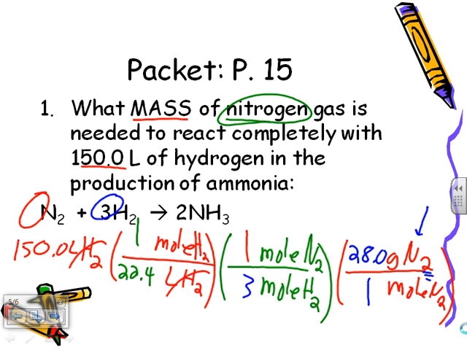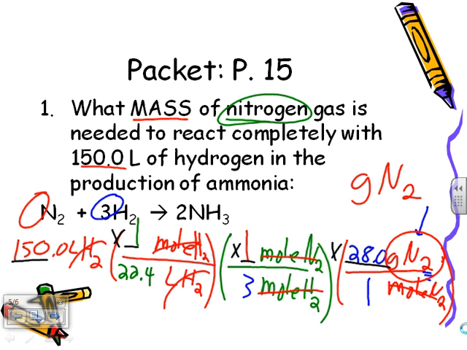Now our units will cancel out. Liters of H2, liters of H2. Mole of H2, mole of H2. Mole of N2, mole of N2. We are left with grams of N2. So now we need to do our multiplication just like in the past. 150 times 1 times 1 times 28.0 divided by 22.4 divided by 3 divided by 1.